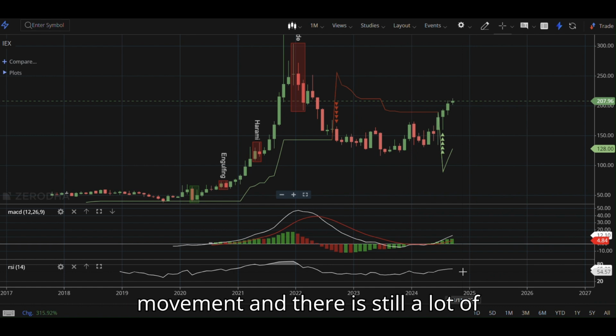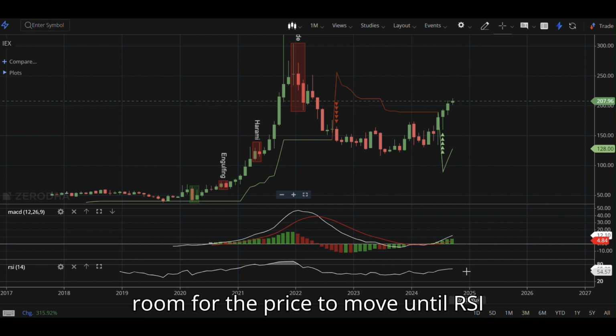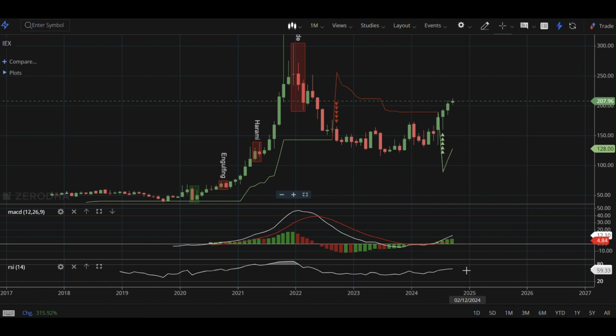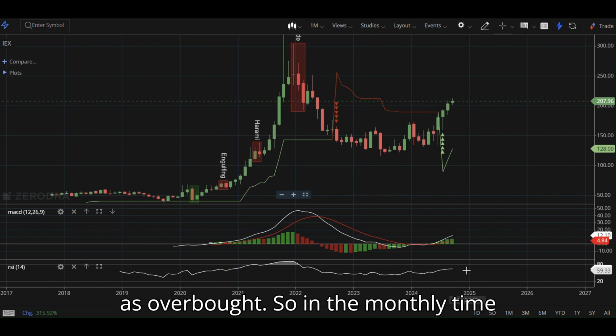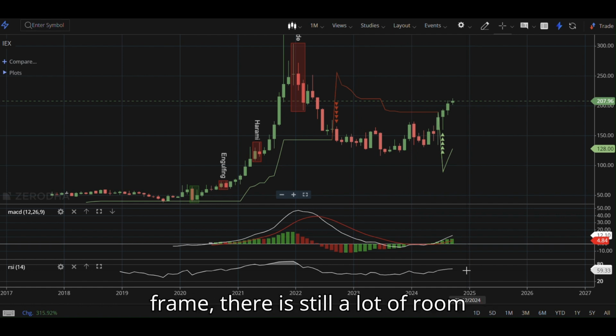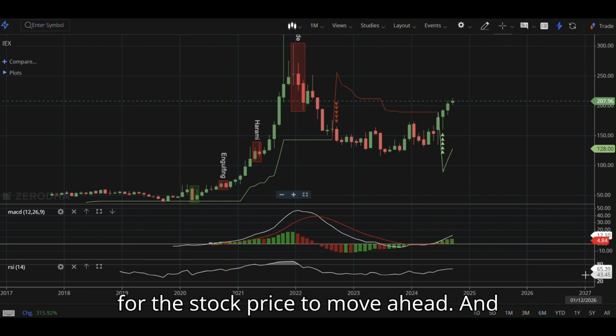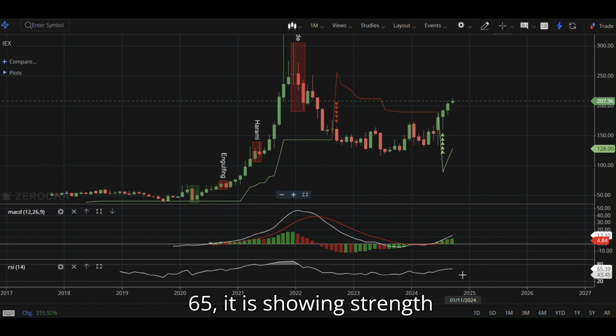There is still a lot of room for the price to move until RSI 14 attains its highest level of 80, which is when it is considered overbought. So in the monthly time frame, there is still a lot of room for the stock price to move ahead. Since RSI 14 is 65, it is showing strength with still a lot of room.